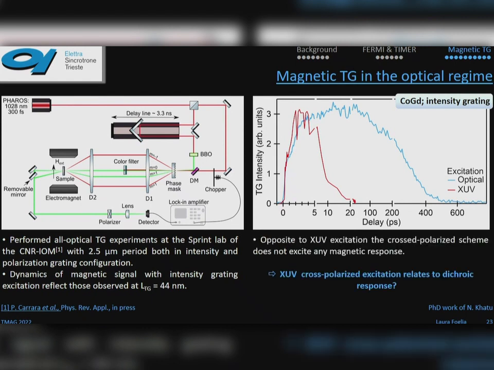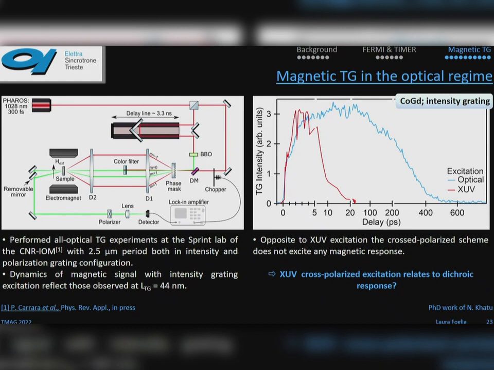But in the polarization regime, you don't see anything at all, not for this sample. So now the question is, what was the cross-polarized excitation in the EUV? I have my theory, but I still need to find a real confirmation for it, that we are actually pumping in a dichroic way.